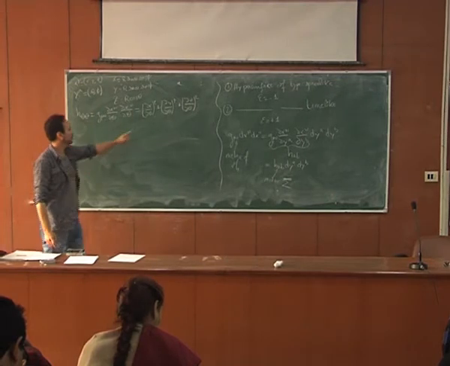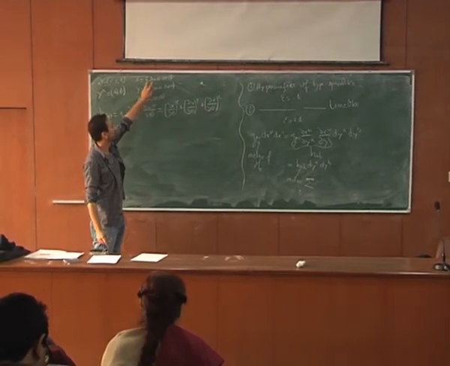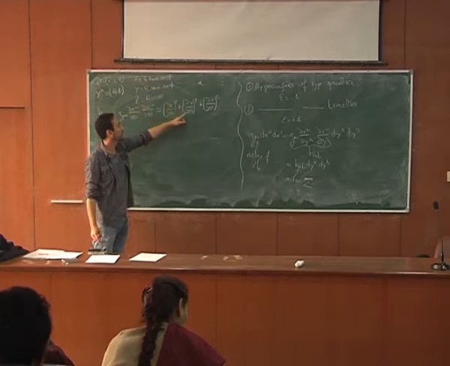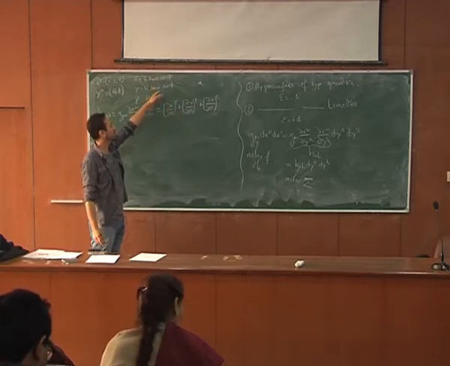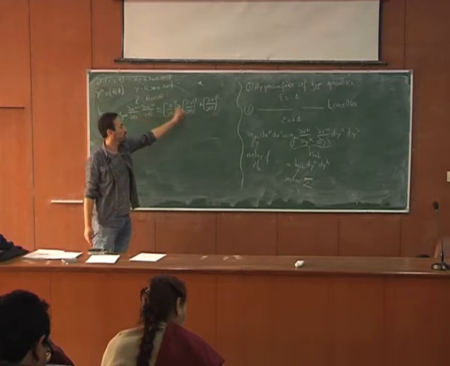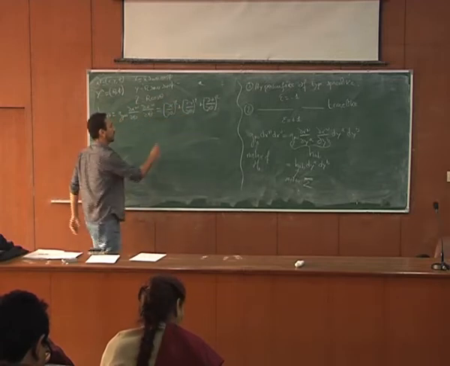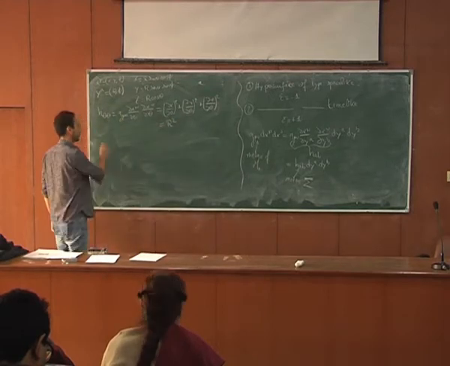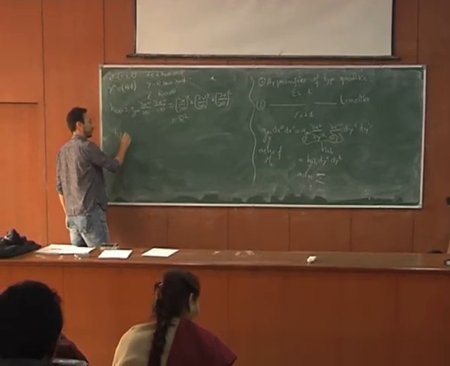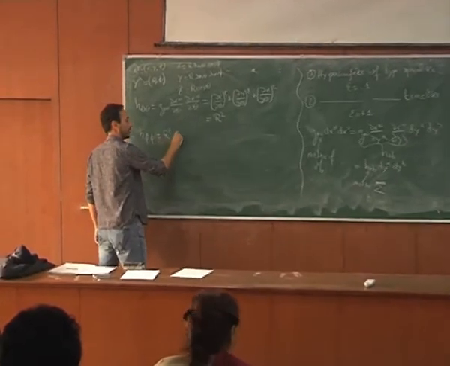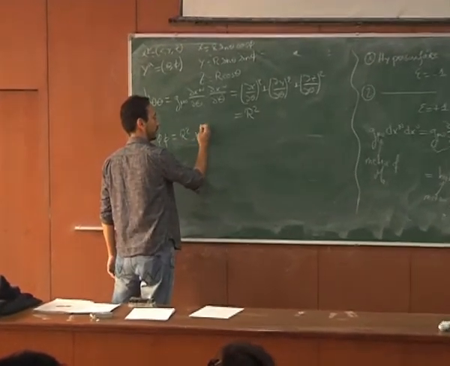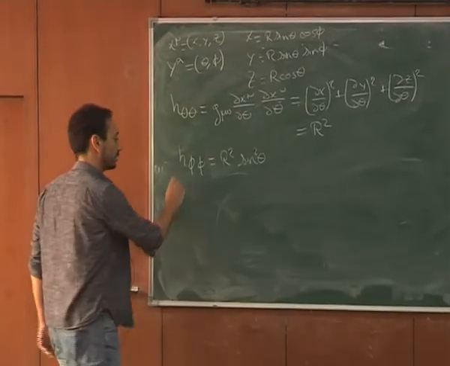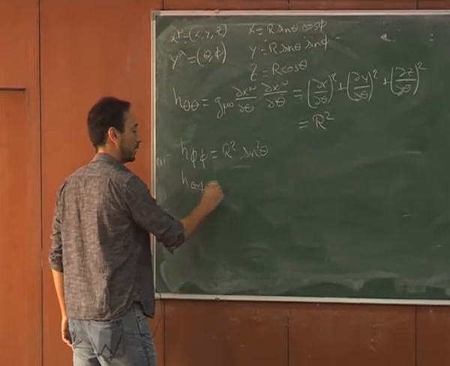If you take the variation of x with respect to theta, you get an r cos theta cos phi, and you square it. The same for y, and the z term gives r sine theta, which goes away when you do the square, etc. At the end, you will get r squared. And if you do the same for phi phi, you will get r squared sine squared theta. And for h theta phi, you will get 0.